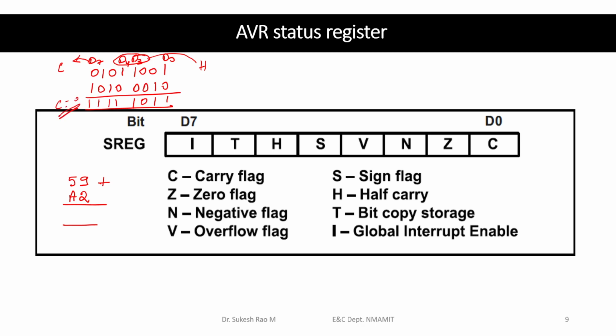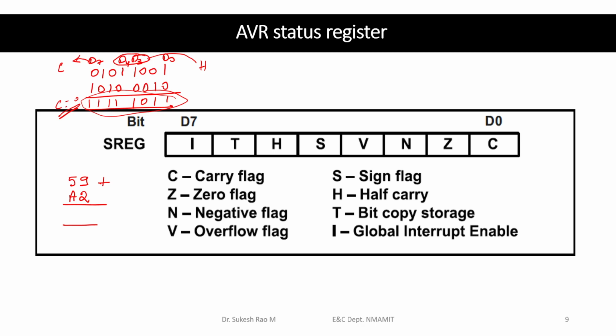The zero flag indicates that if the result of this 8-bit becomes 0, that's the zero flag. The negative flag indicates the answer: if you are adding certain values and the answer comes out negative, then this flag will be set. The overflow flag is usually for signed arithmetic.